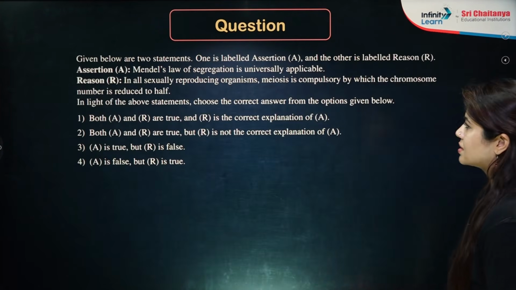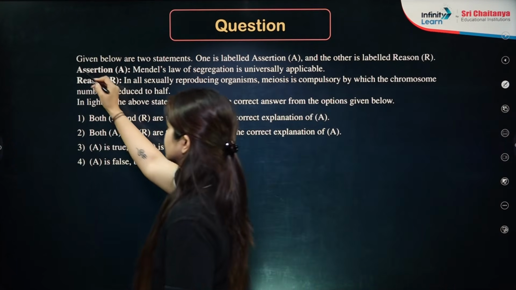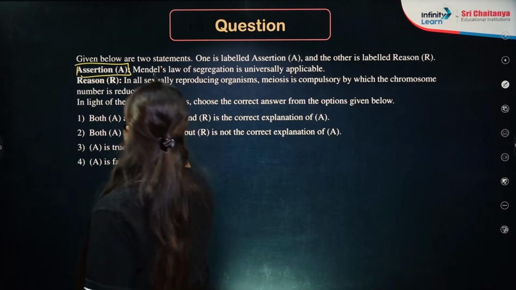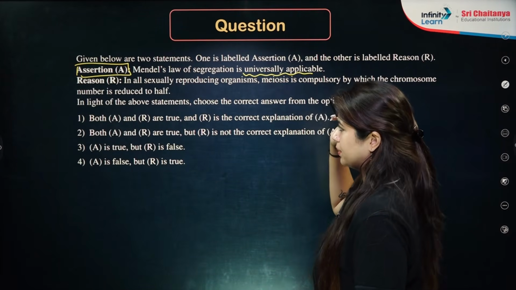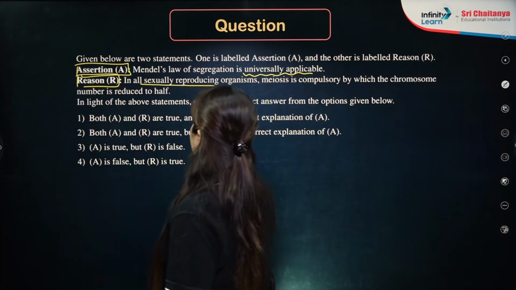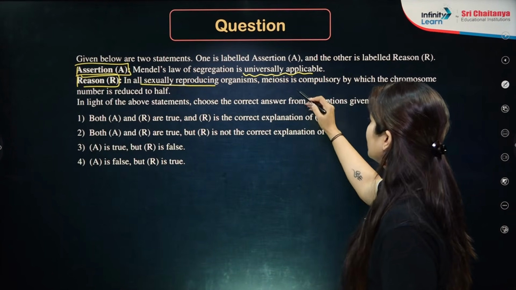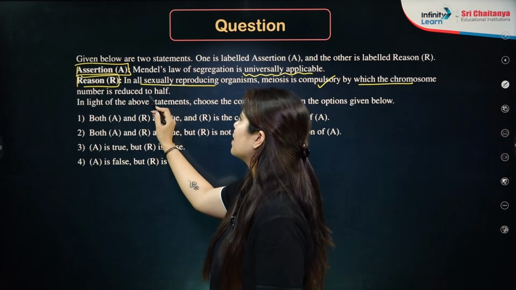Next question is an assertion and reason type of question. The assertion says Mendel's law of segregation is universally applicable. The reason says, in all sexually reproducing organisms, meiosis is compulsory, by which the chromosome number is reduced to half.